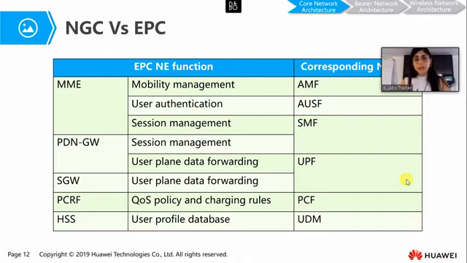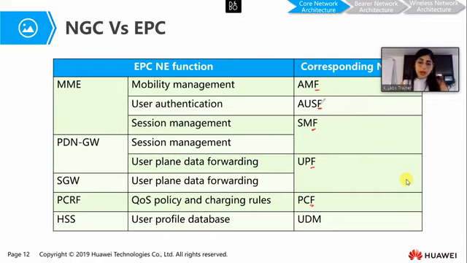So here you have a table in which you can see that the first thing that we can notice is that every node of the 5G core network has this F as a final part of the name. So AMF, I said, stands for Access and Mobility Function.